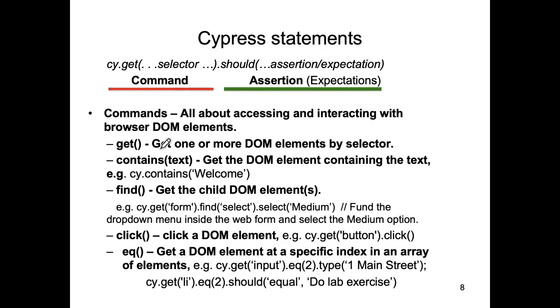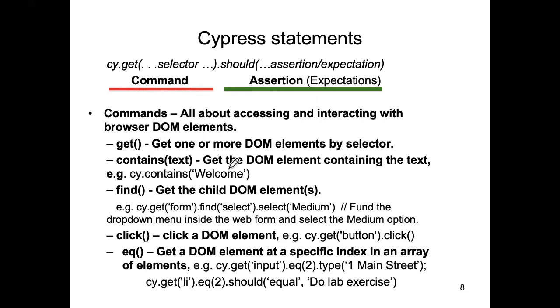And if any of these commands fail, take the simplest example. If I take this one here, where I'm asking Cypress to find an element, could be of any type, within the current web page that's being displayed by the browser that contains the text welcome.